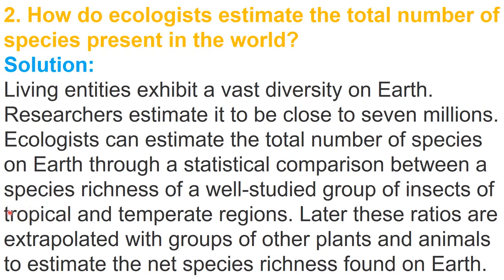A comparison is done between the species richness of a studied group of insects in tropical and temperate areas. Later, these ratios are extrapolated to other groups of plants and animals to estimate the net species richness found on Earth.